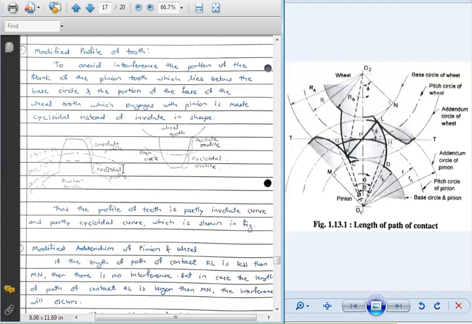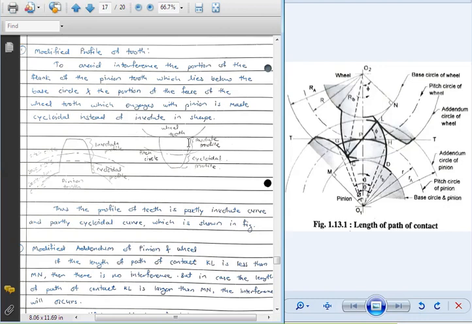Are you getting me? See, suppose these two gears are there. This is the pitch circle of the wheel, and this is the pinion. Now this upper portion will be in contact with this lower portion, and this upper portion will be in contact with this lower portion of the wheel.